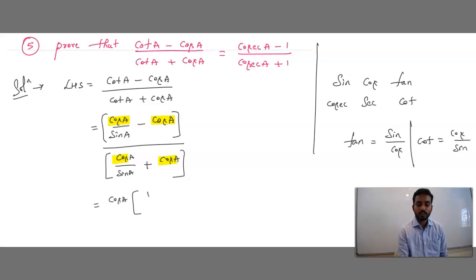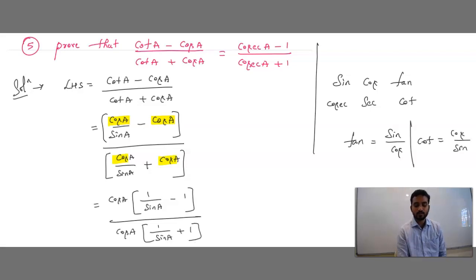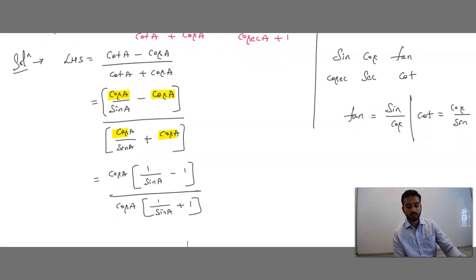If we take cos A as common, minus 1 divided by cos A into 1 by sin A plus 1.